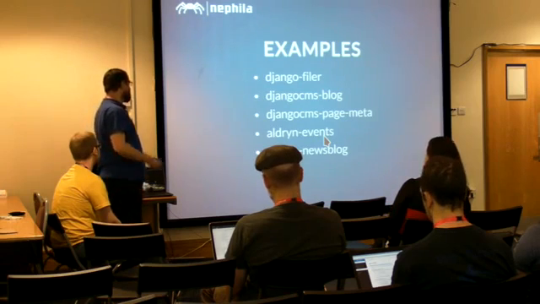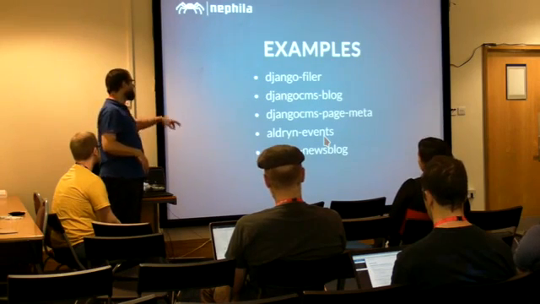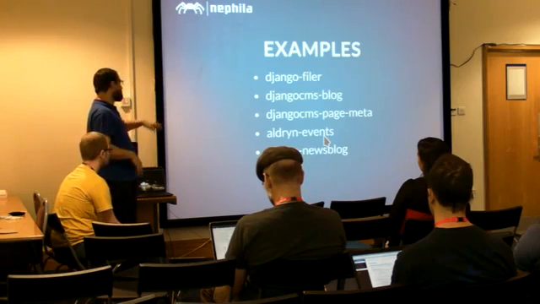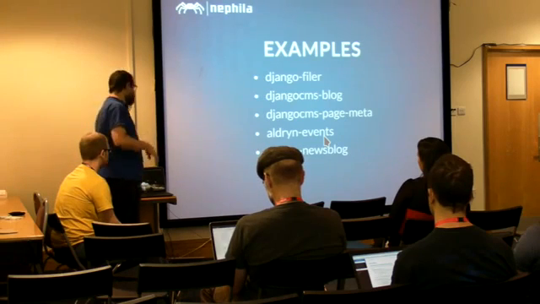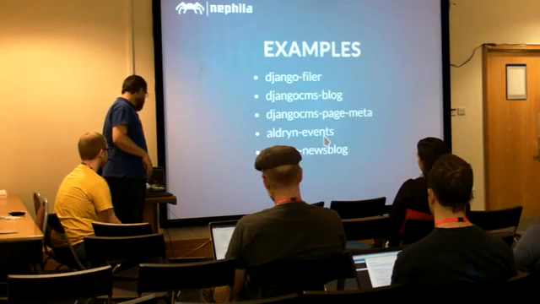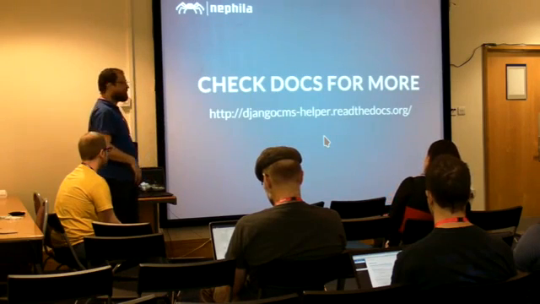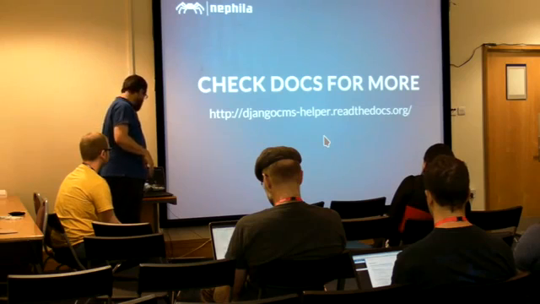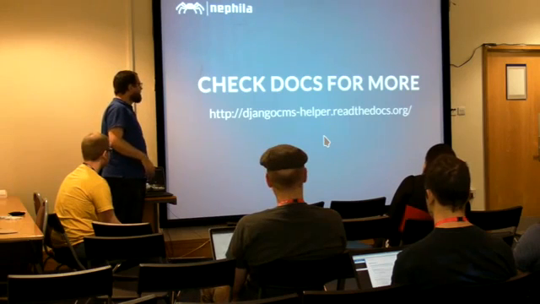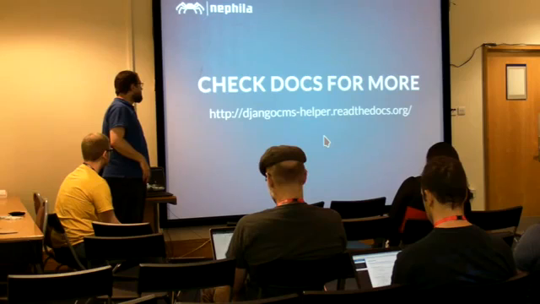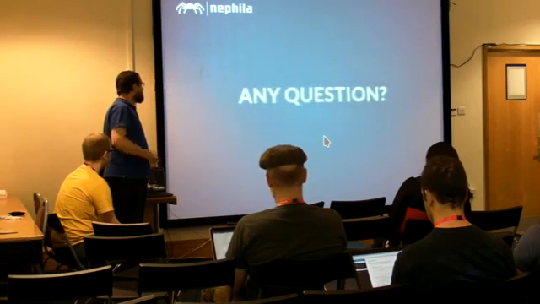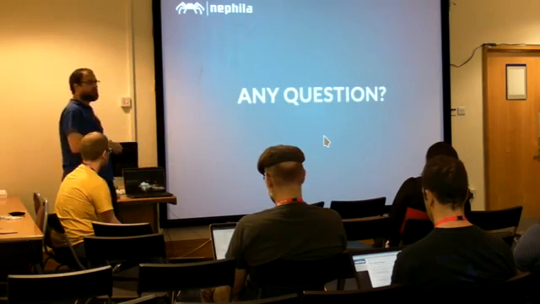And so probably the most advanced usage are the Aldryn applications, which test a lot of cases. Then there is documentation, where I try to explain things in more detail and more in the internals. And yeah, that's all. Any question?